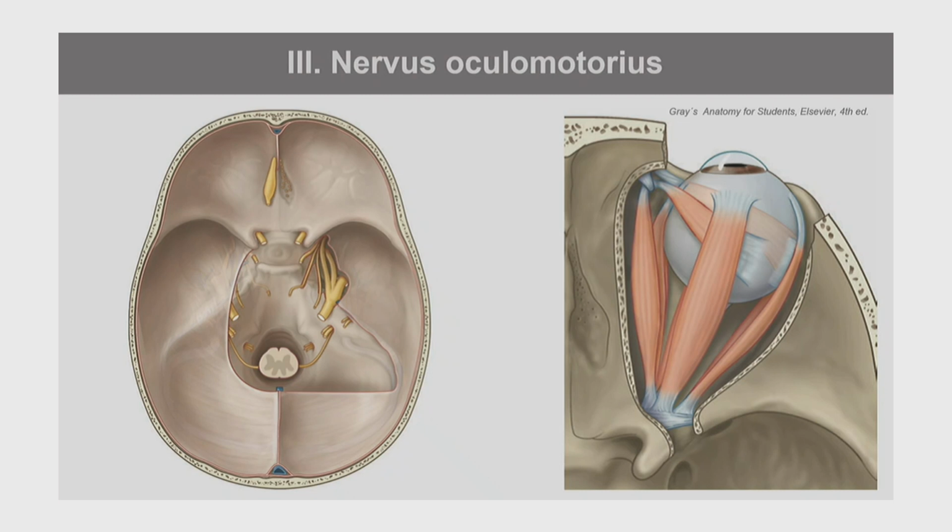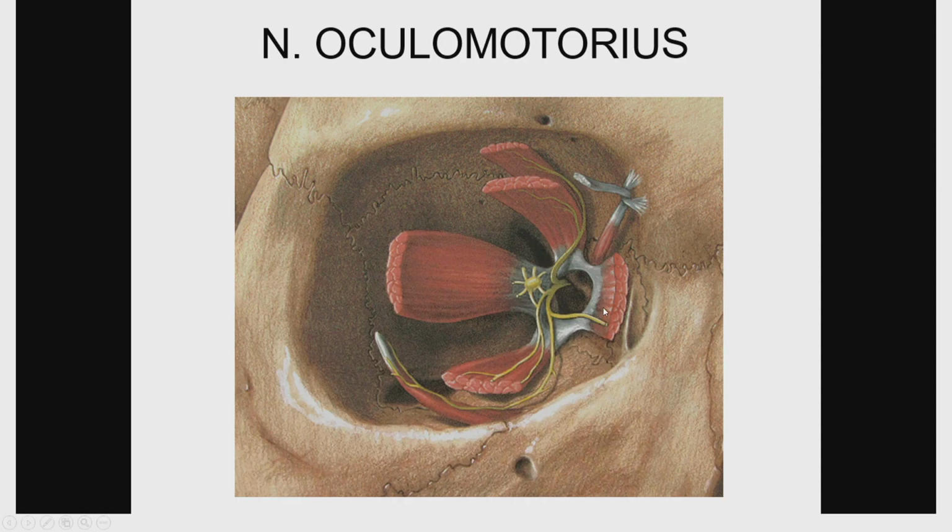It's extremely important. Here you can see the oculomotor nerve coming from the superior orbital fissure. It's a very nice picture. After that it innervates the levator palpebrae superioris, the rectus superior, rectus medialis, rectus inferior, and obliquus inferior. So you see that this nerve does not innervate the lateral rectus here and the superior oblique here.